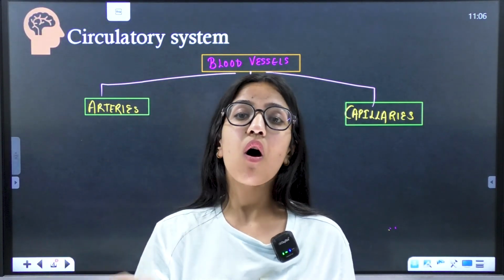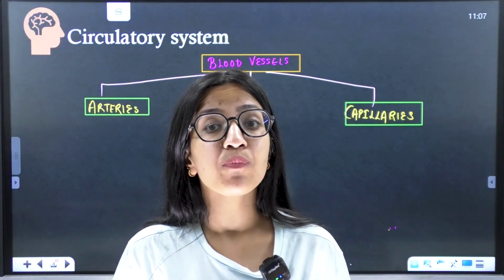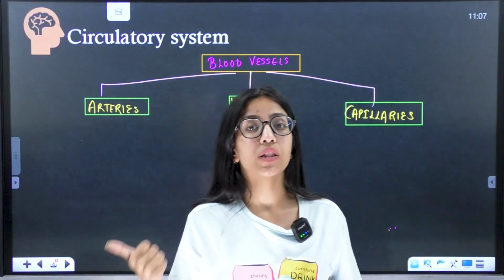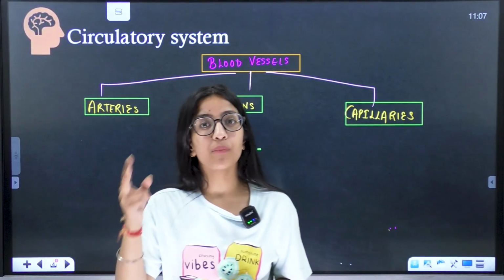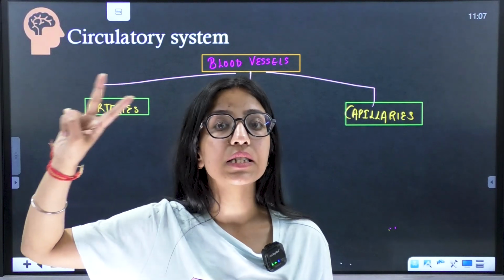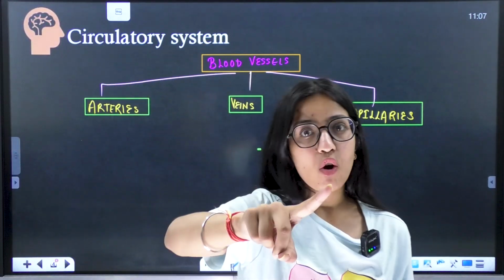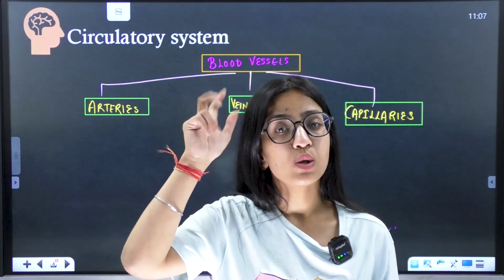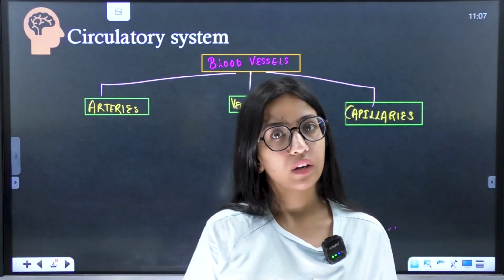It carries oxygenated blood. But in frog, there are 2 types of arteries, namely carotid artery and pulmocutaneous artery. The carotid artery carry blood to brain and head. So it carry oxygenated blood, right?